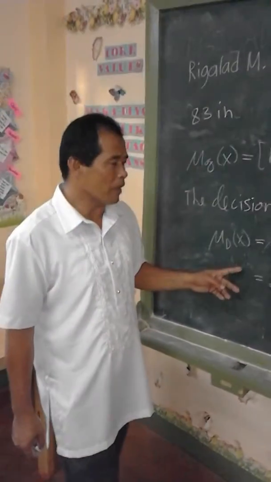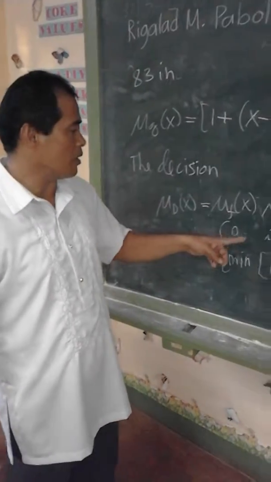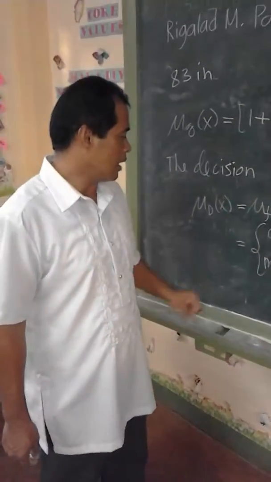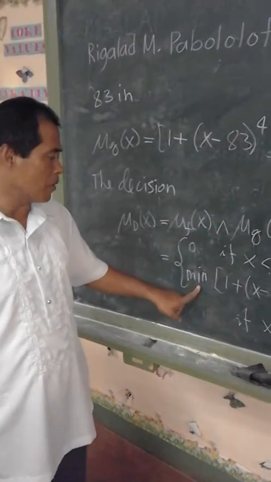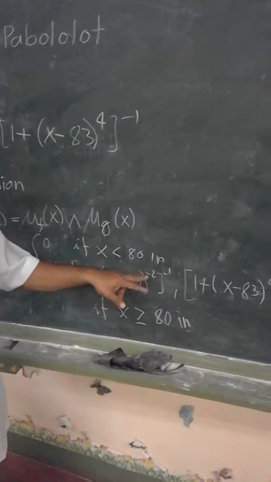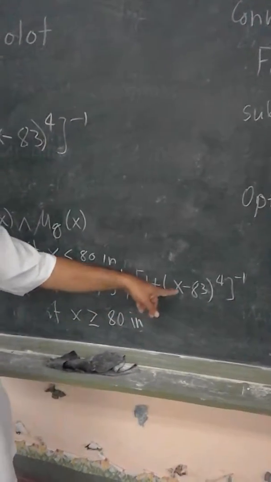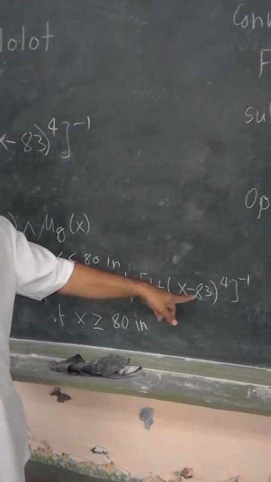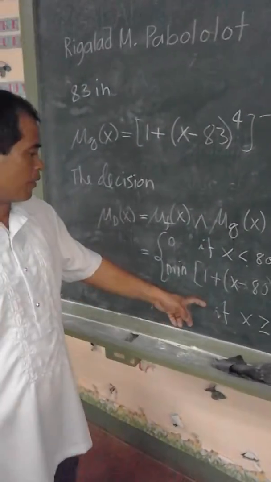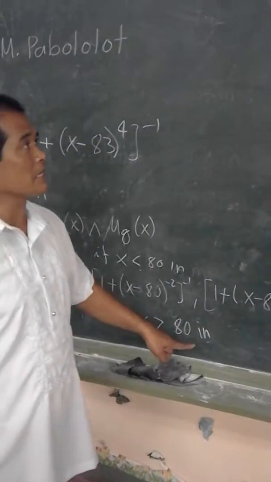Then we have the condition: this membership function is equal to 0 if x is less than 80 inches, or it is equal to the minimum of 1 plus x minus 80 to the power of 2, all raised to the power of negative 1, and 1 plus x minus 83 to the power of 4, all raised to the power of negative 1, if x is greater than or equal to 80 inches.